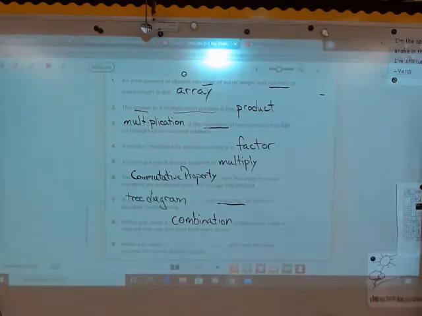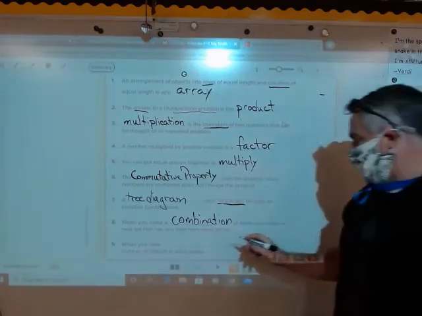Okay? Number 9. When you have a blank, you have the same number of objects in each group. What do you think? What would that one be? Lily? 9. Oh, go ahead. Jordan? Equal groups. Equal groups.